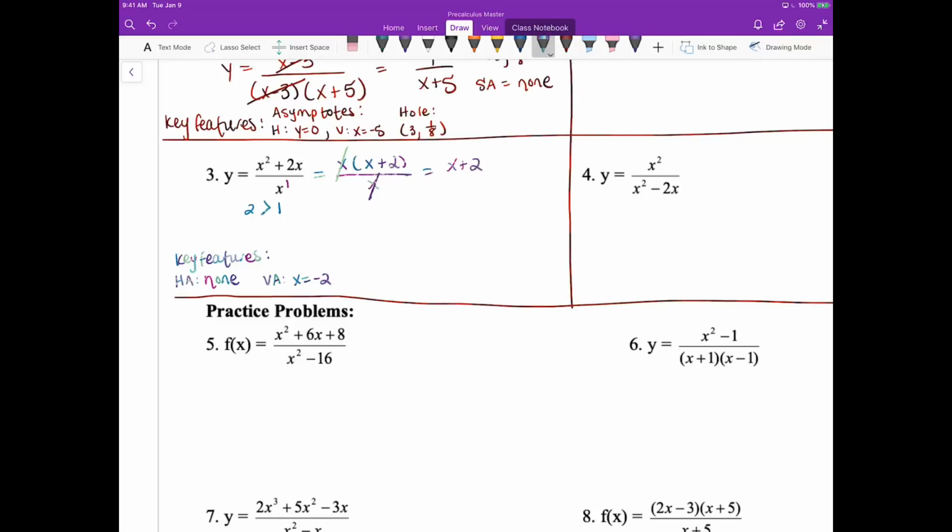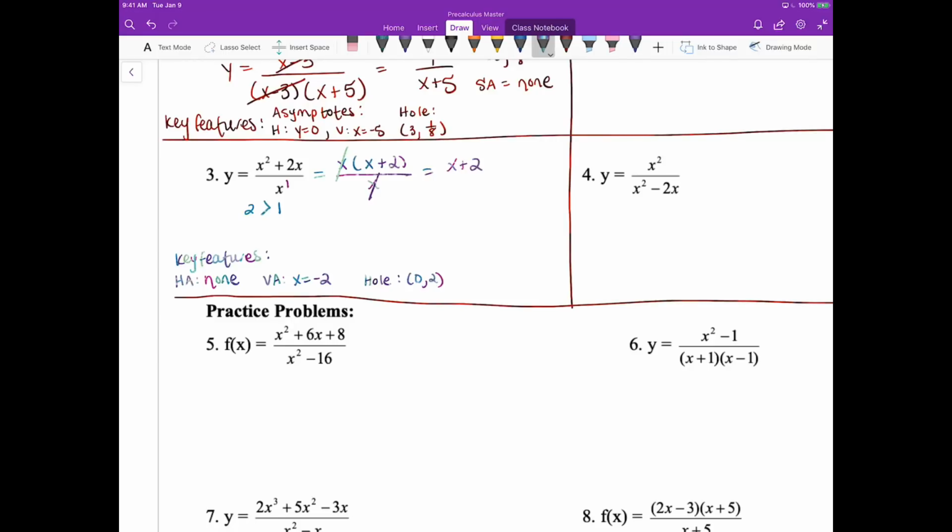So because I removed that x, there's a hole when x equals 0. And if I substitute my 0 back into this equation in reduced form, I see that the y would equal +2. So there's a hole at 0 and +2.